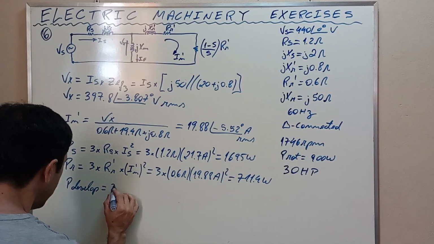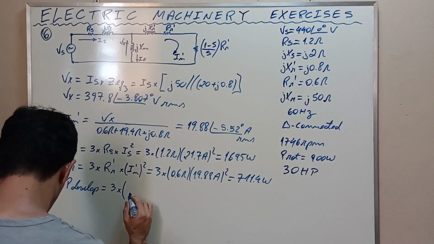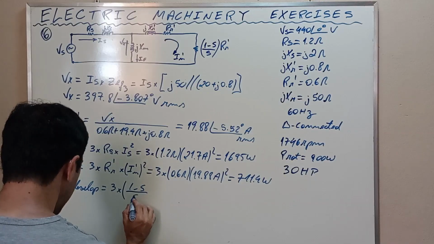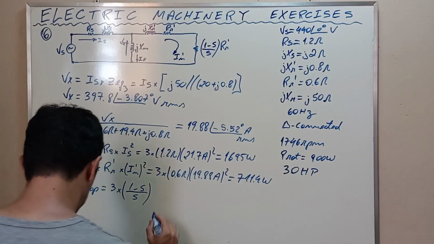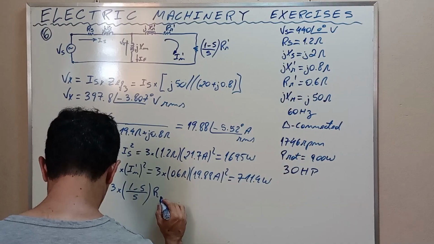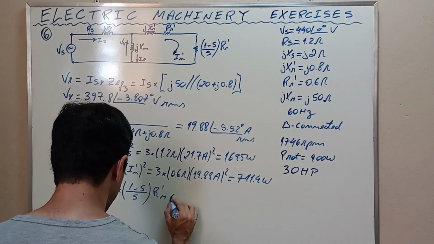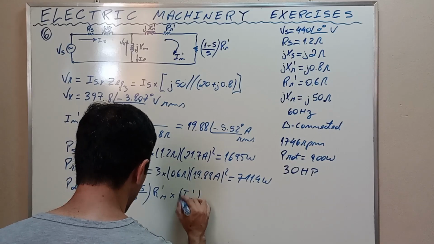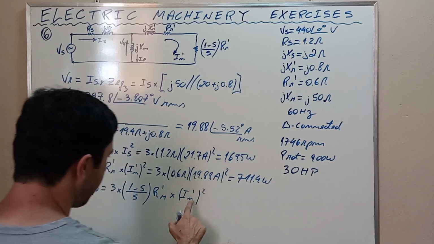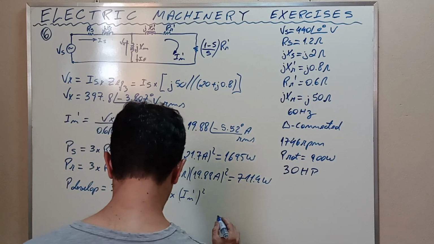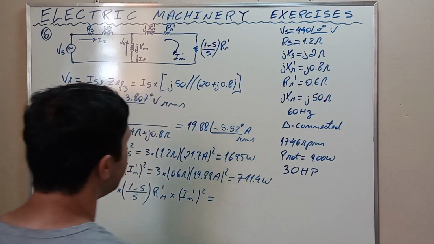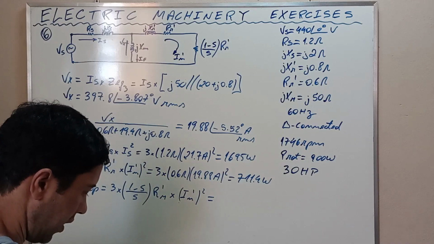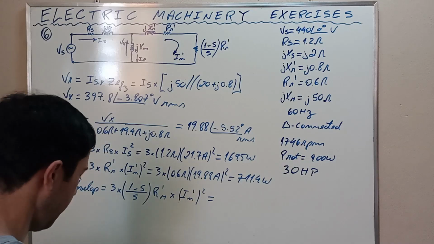The developed power is equal to 3 times (1 minus S over S) times R_m' times I_m' squared, which is equal to, if we use the value of the slip we calculated, 0.03.